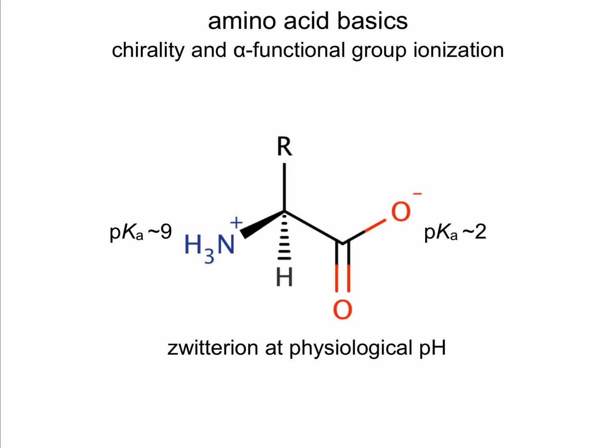Now, that's important to think about, but in the context of a protein, what we see is that the carboxylic acid group of amino acid 1 is condensed with the alpha amino group of amino acid 2 in a peptide bond.